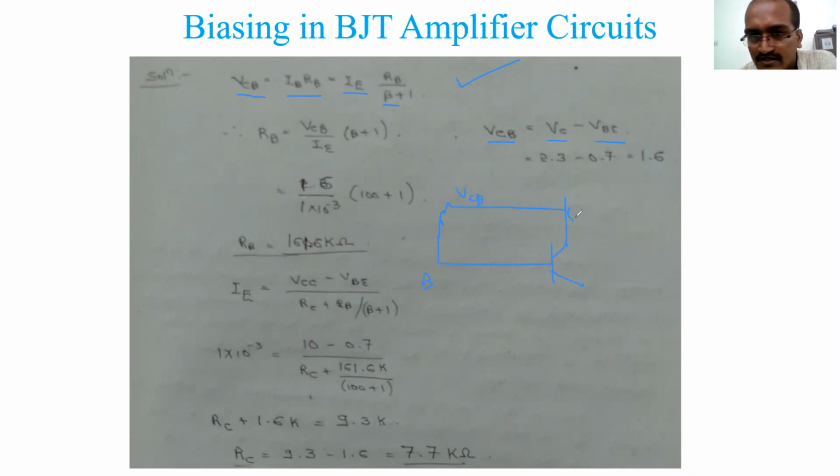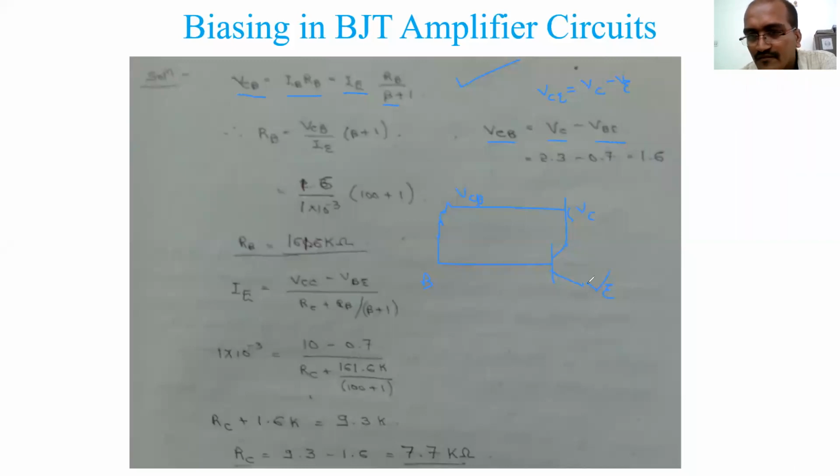Another way you can calculate this is, here you have the collector voltage VC, and here comes the emitter voltage VE. VC they have given. As I told earlier, VCE is nothing but VC minus VE, the collector to emitter voltage.